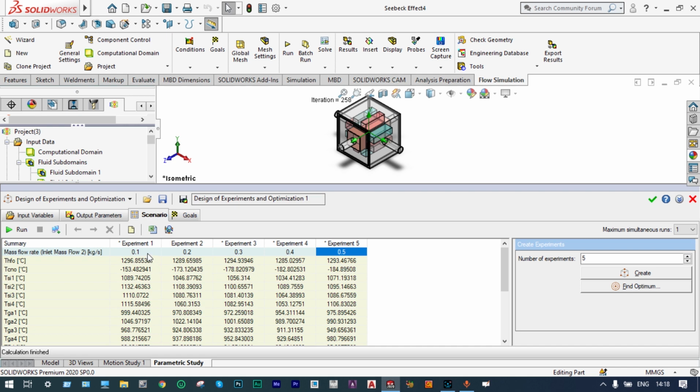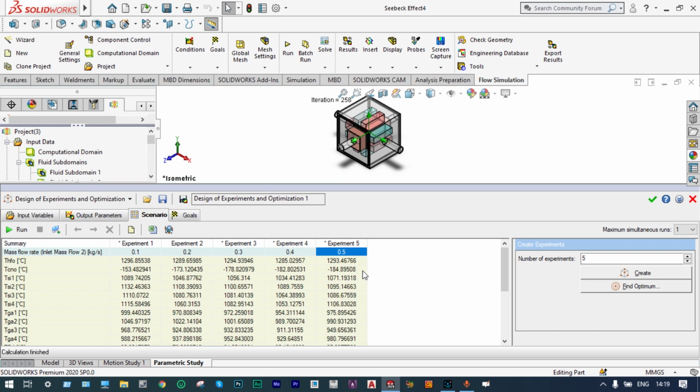Initially, when the mass flow rate of cold nitrogen was 0.1 kg, the average temperature at the exit location of nitrogen is minus 153 degrees centigrade, and when it is 0.2 kg per second, it is minus 173.12 degrees centigrade, and at 0.3 mass flow rate, the average temperature is minus 178.8 degrees centigrade. When the mass flow rate is 0.4 kg per second, the average temperature is minus 182.2 degrees centigrade, and finally, when the mass flow rate of liquid nitrogen is 0.5 kg per second, the exit temperature of nitrogen is minus 184.89 degrees centigrade.